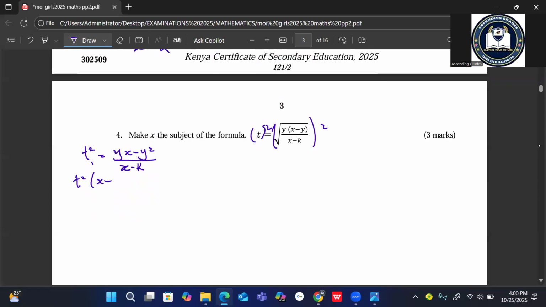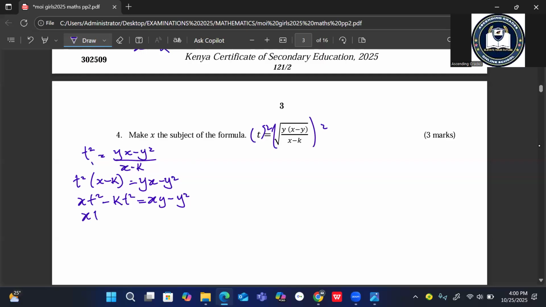and we have t squared into (x minus k) equals yx minus y squared. So xt squared minus kt squared equals xy minus y squared.